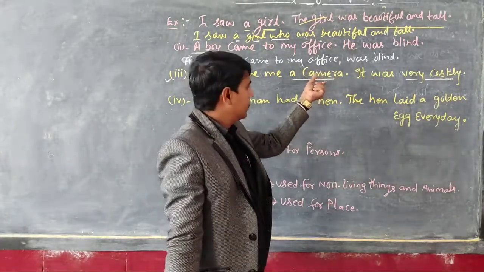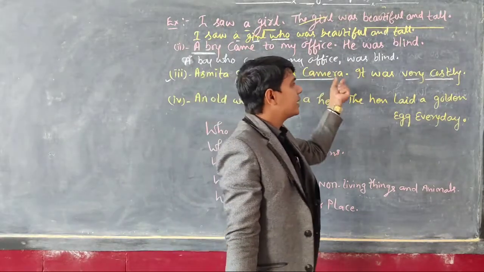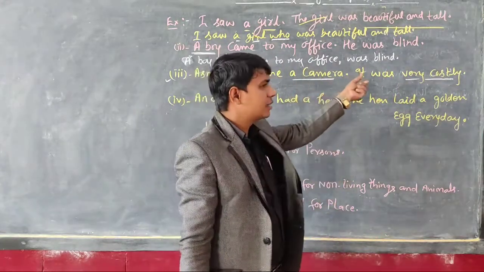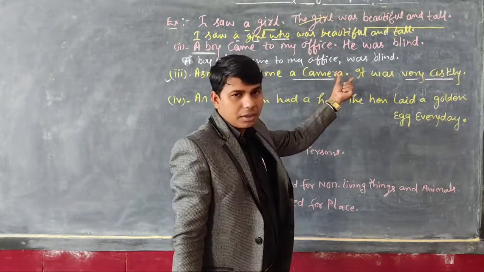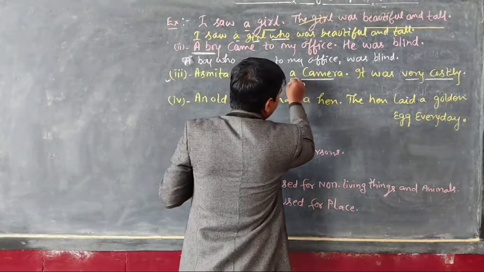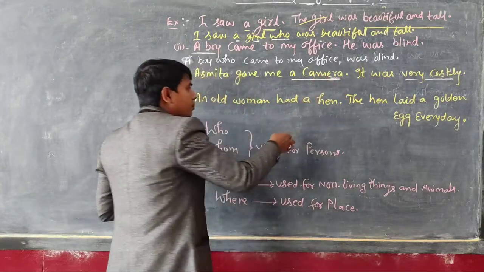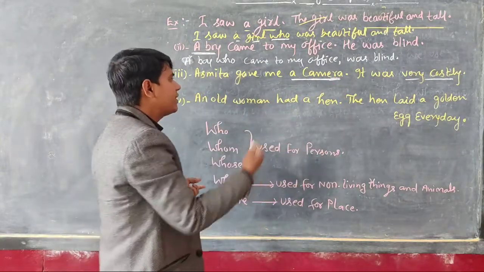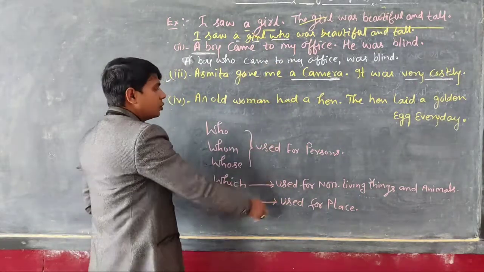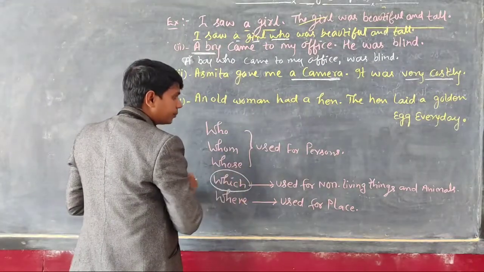When we have additional information about the subject or object in another sentence, we use an adjective clause, so these sentences can be joined by it. Here the word being qualified in the next sentence is a non-living thing, so we use which.